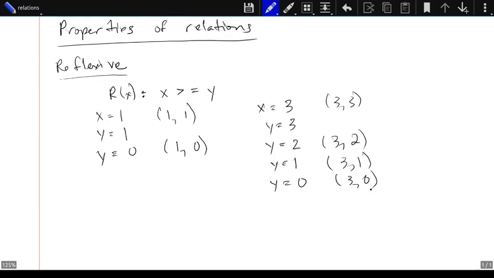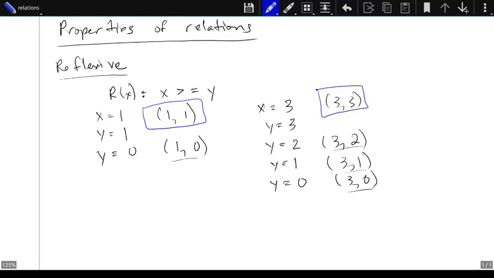So it doesn't matter that we have these additional pairs that pair x with some other value, as long as our relation always pairs x with itself. For any number that's true: if x equals 2, this relation pairs 2 with 2 because 2 is greater than or equal to 2.